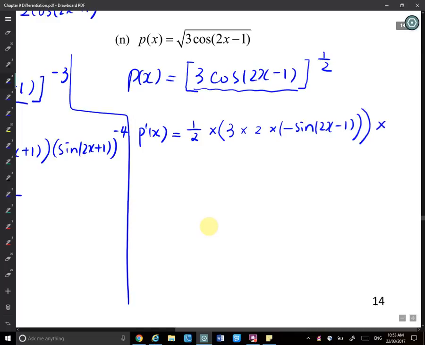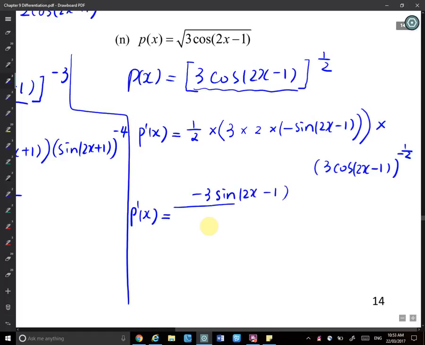And the next thing will be reduce the power by 1, that becomes negative a half. So p dash x equals a half times that, which is negative 3 sine 2x minus 1 over square root of 3 cosine 2x minus 1.